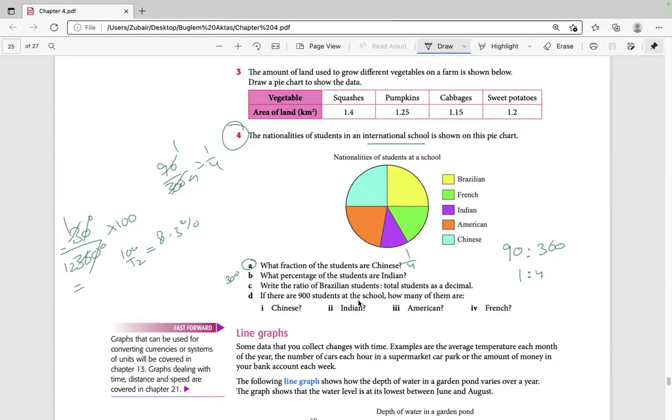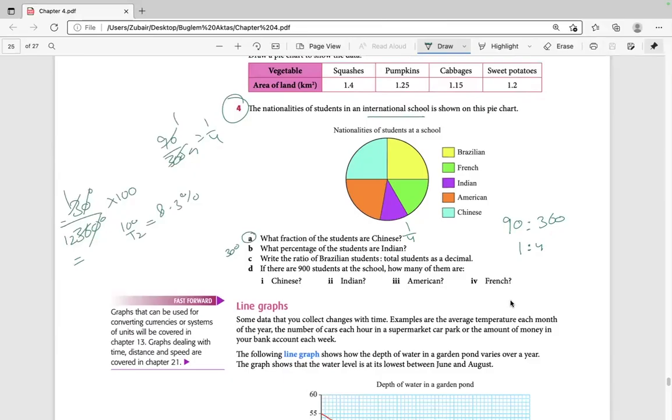If there are 900 students at the school, how many of them are Chinese? If we have 900 and we considered Chinese at 90 degrees, this would be 90 by 360 of the total 900. This habit, when you are not using the calculator, would help you a lot in the SAT.